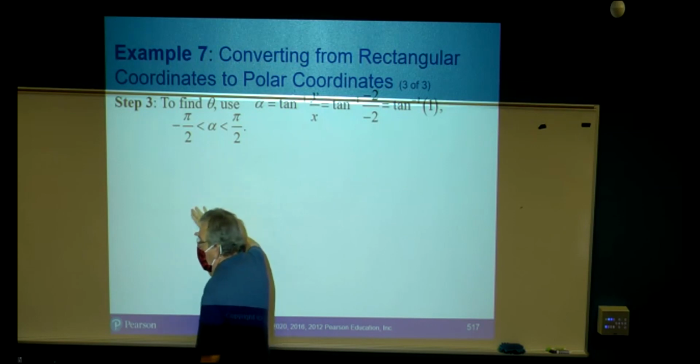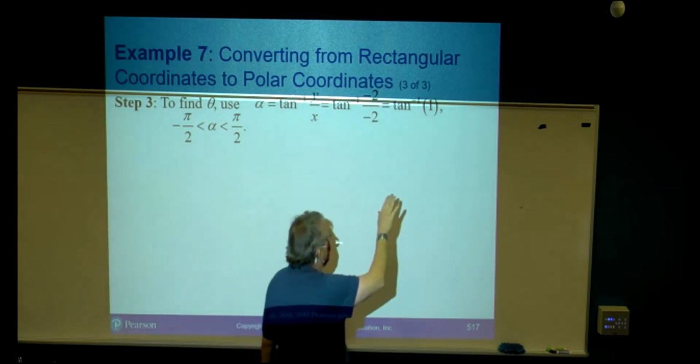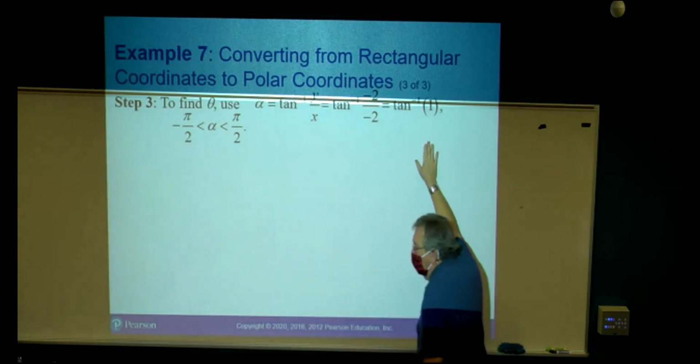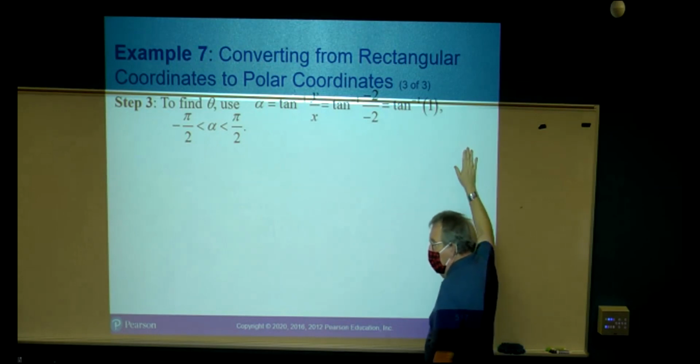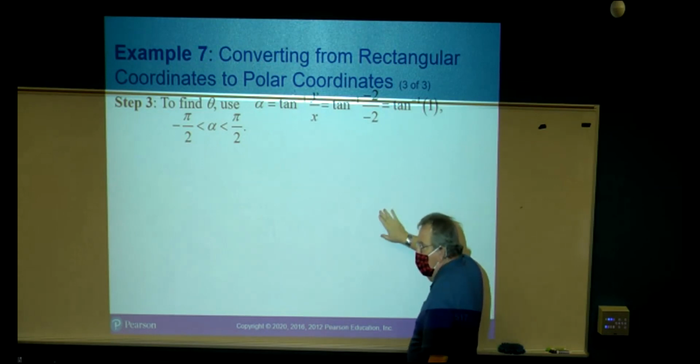But we need to wind up in the third quadrant. But since I'm taking the tangent of a positive number, that's going to put me in the first quadrant. So all I'm going to have to do is add pi to it to get into the third quadrant.